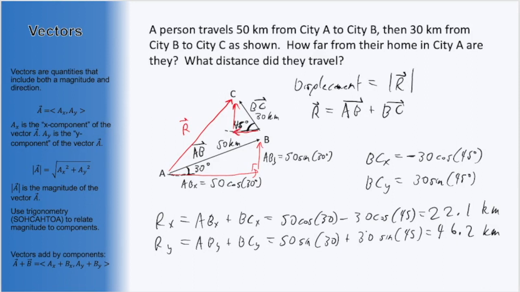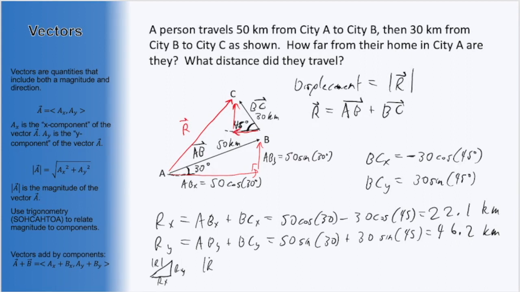We have the components of our resultant vector, but what we wanted is the magnitude of this vector. Since a vector is always made up of a right triangle with its components, Rx, Ry, with the magnitude being on the hypotenuse, we can use the Pythagorean theorem to get the magnitude.